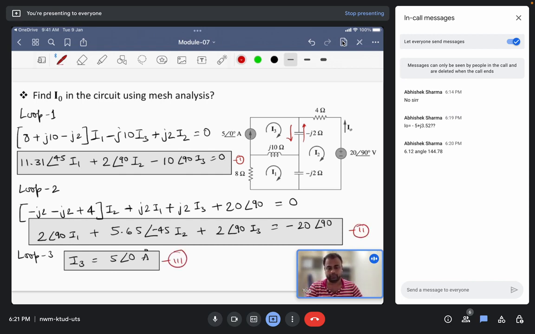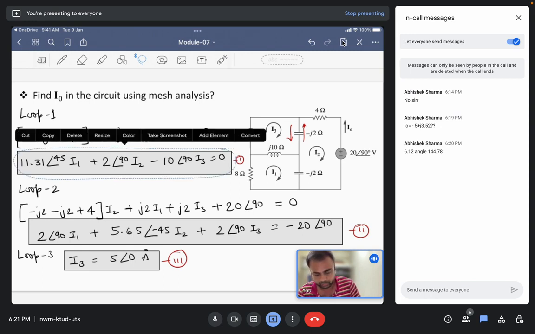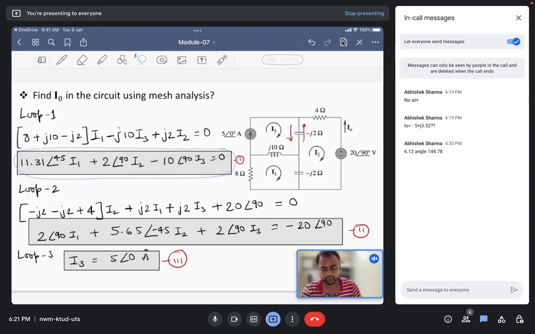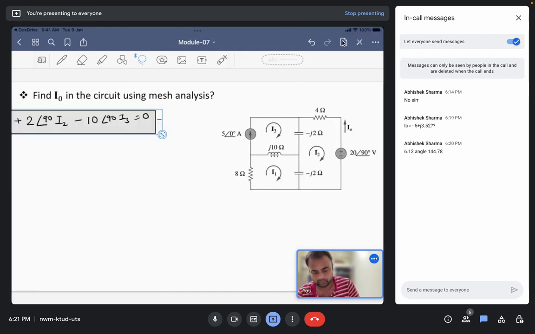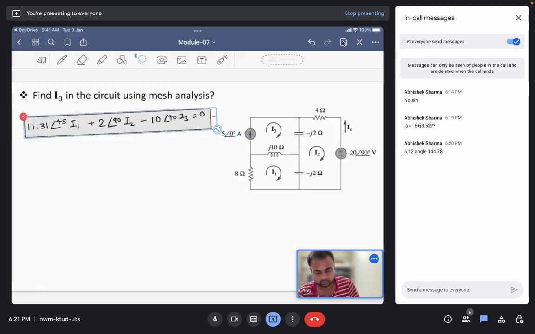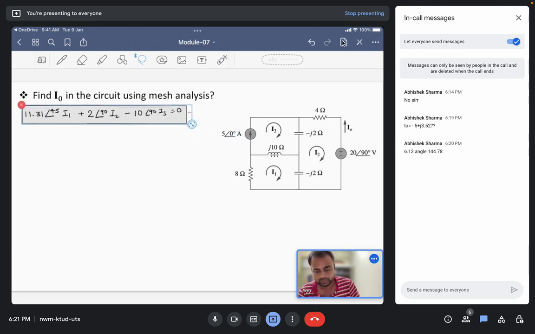So let us first substitute I3 in equations 1 and 2. I will just copy equation number 1 and put it here. Let us substitute I3.